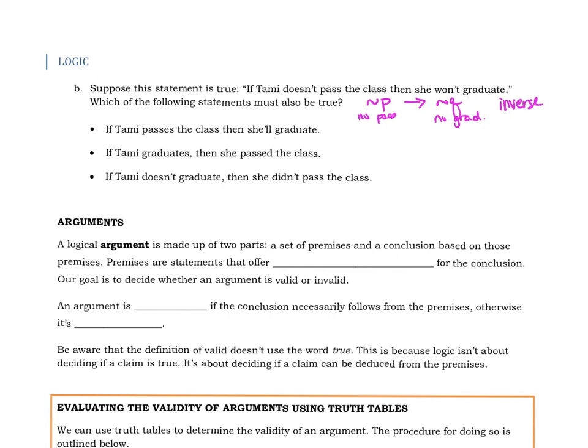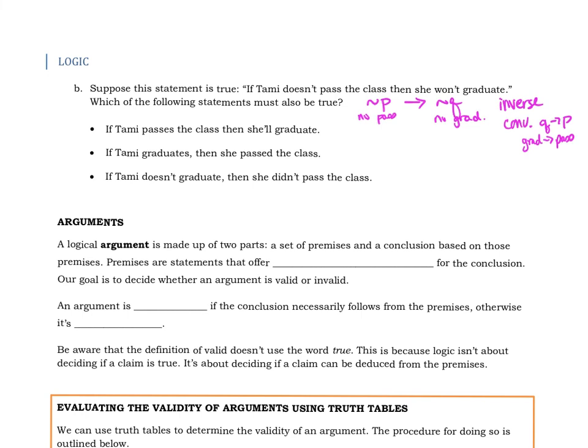What is equivalent to the inverse is the converse, which is if Q, then P. So if Q, so not Q is she doesn't graduate, if Q would mean she graduates, then P would be she does pass.